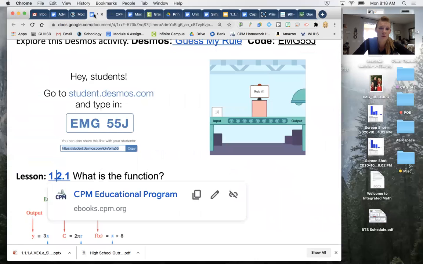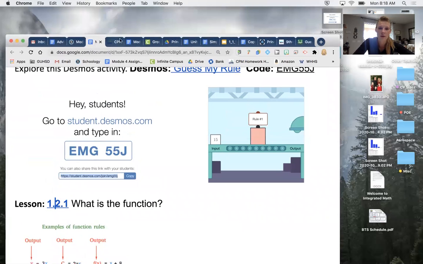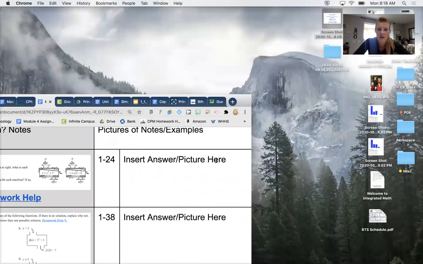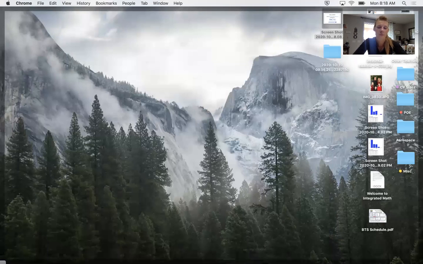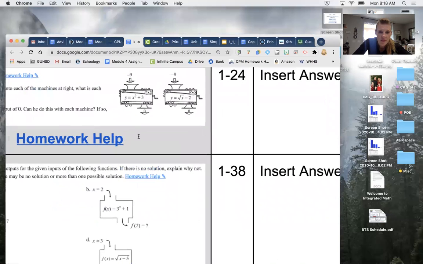In fact, if you look at the homework for tonight, I have it open here. I need to drag this down. It's saying, okay, on number 24, oops, sorry guys, just lost you. I'm trying to zoom in a little bit. Yeah, there we go.